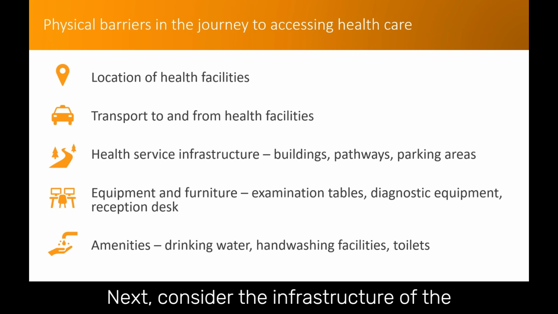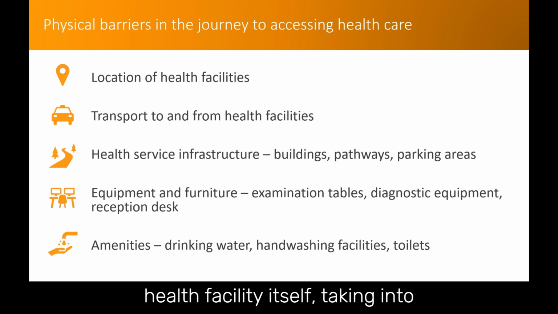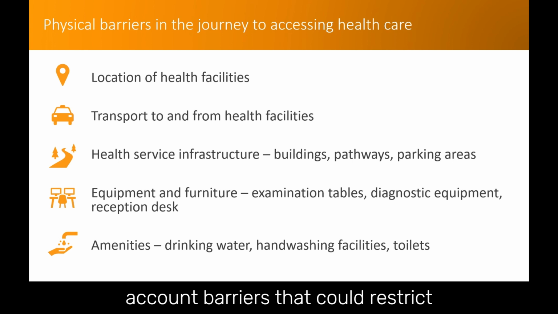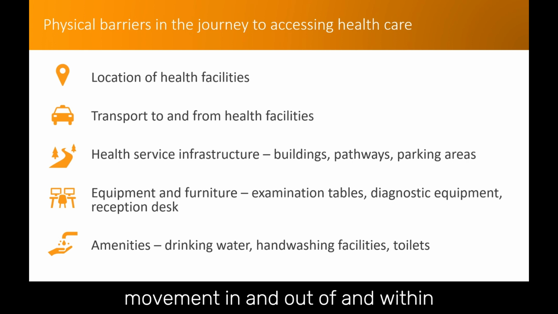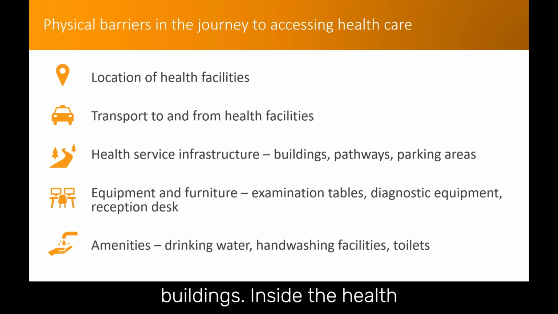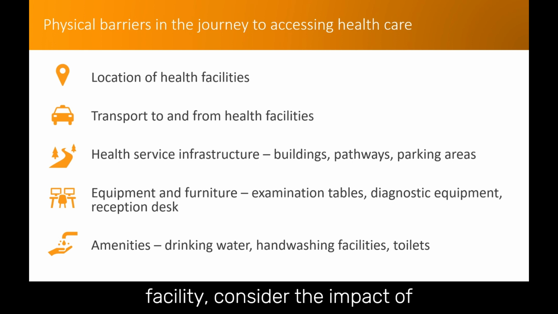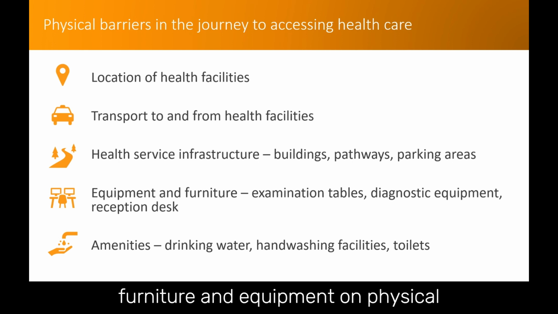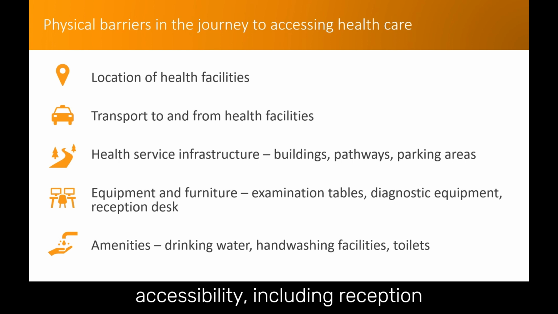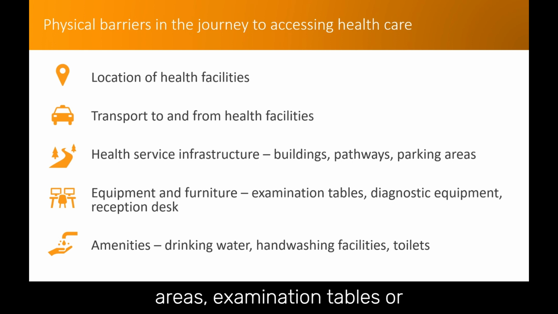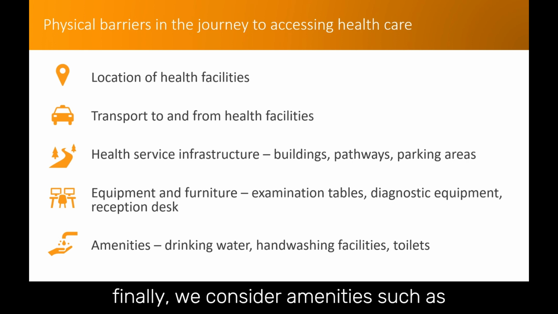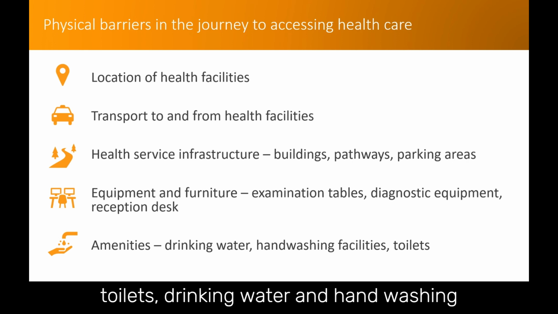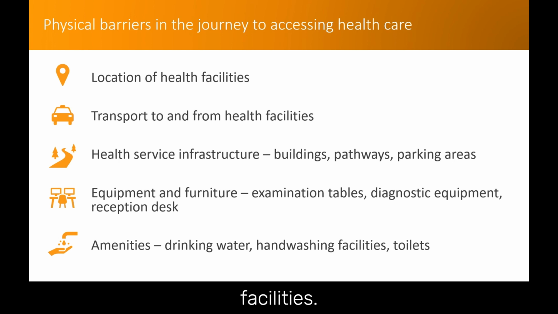Next, consider the infrastructure of the health facility itself, taking into account barriers that could restrict movement in and out of and within buildings. Inside the health facility, consider the impact of furniture and equipment on physical accessibility, including reception areas, examination tables, or diagnostic equipment. And finally, consider amenities such as toilets, drinking water, and hand washing facilities.